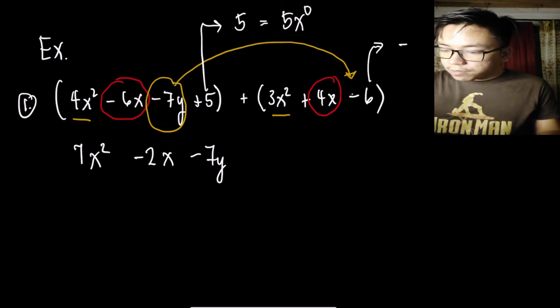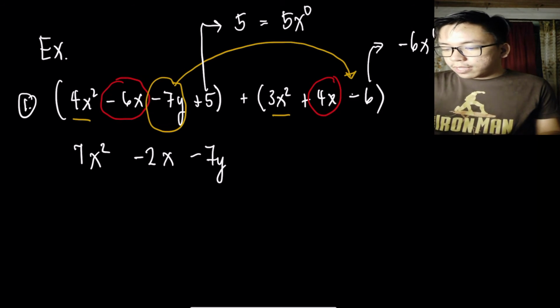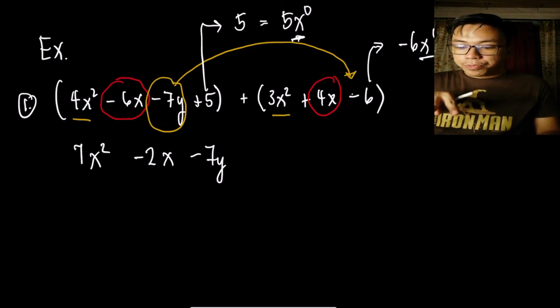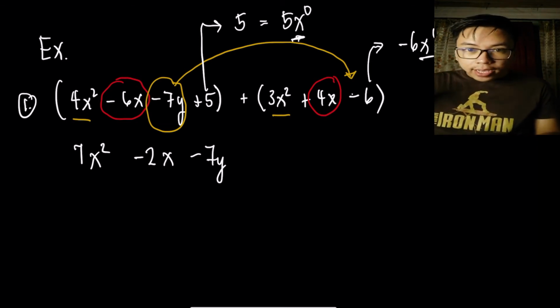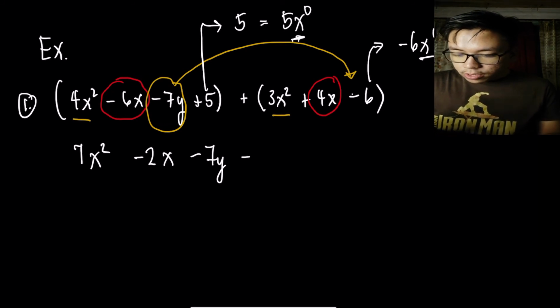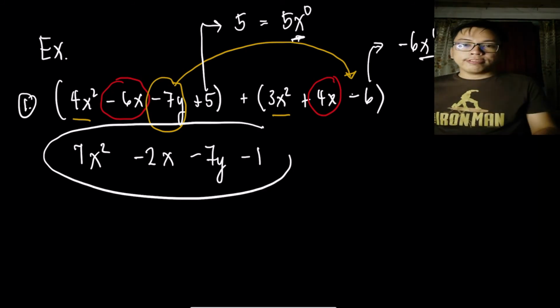That's negative 6x to the 0, and that's equal to negative 6. So that means they have the same variable, meaning to say, I can add them. 5 is positive, 6 is negative, so I'm going to subtract, I get 1, and then I copy the sign of the larger one. So therefore, this is now the final answer.